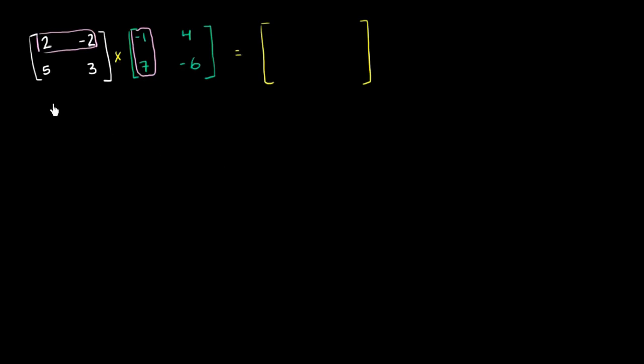Let's get some more real estate here, especially this very first time that we attempt to multiply matrices. So this top left entry is going to be 2 times -1, plus -2 times 7.